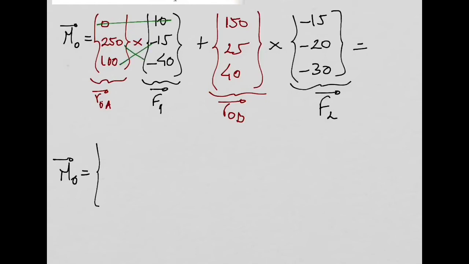So it's going to be minus 250 times 40. Minus with minus is plus 100 times 15.